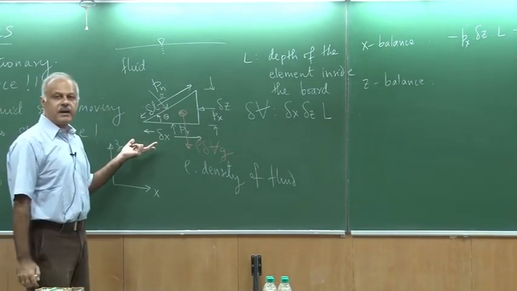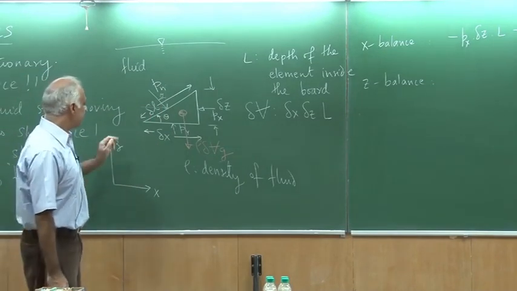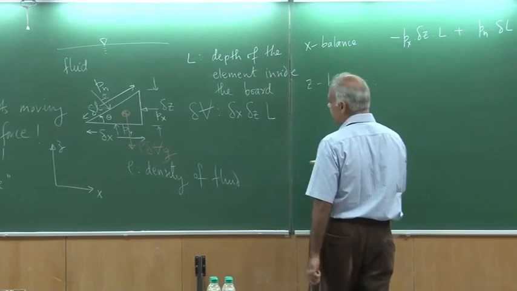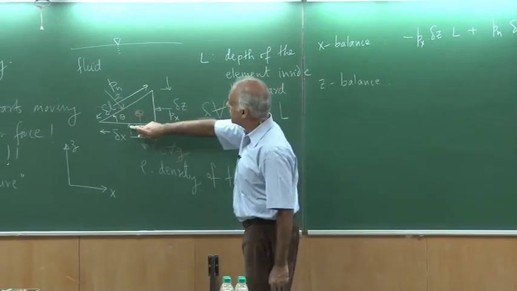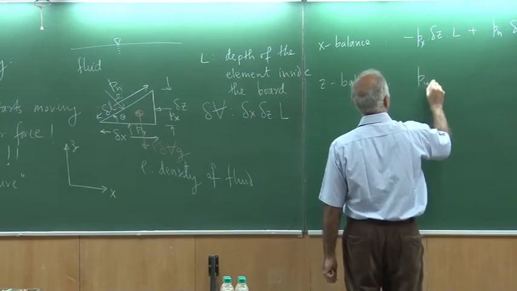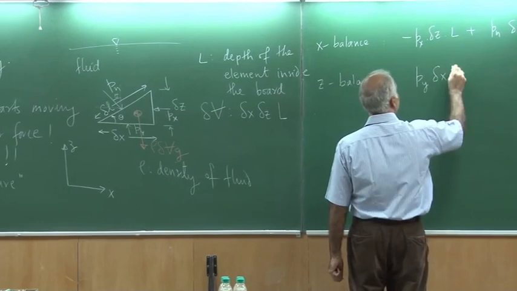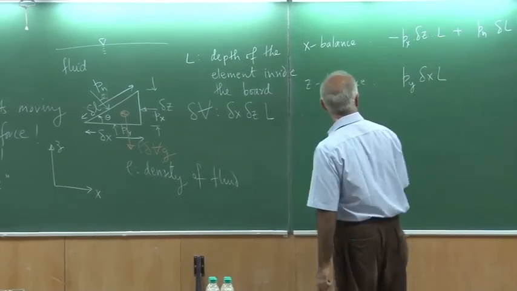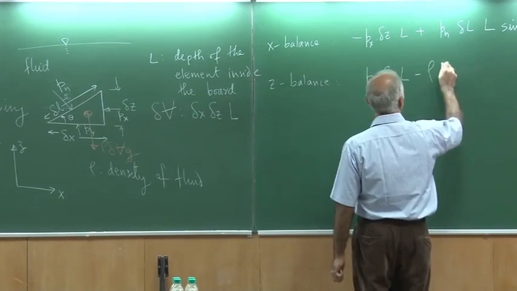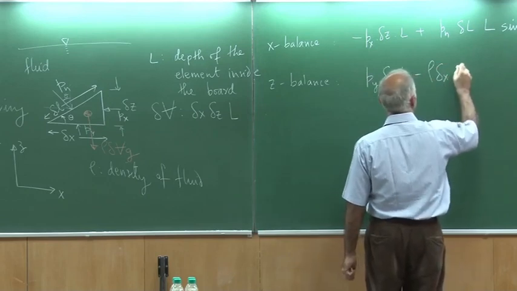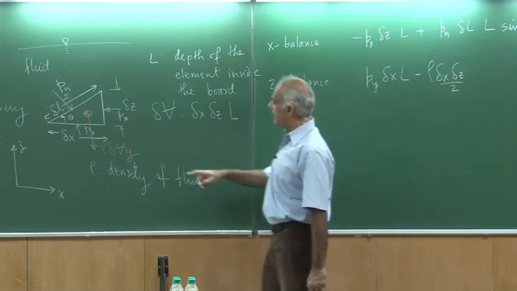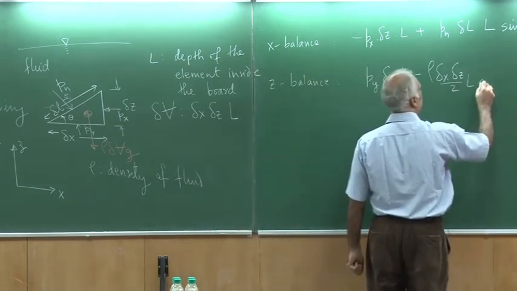All right, I can do a similar balance for the z direction, which is the vertical direction. There is a pressure acting on this face, and that value is in the positive direction. So I am going to have plus Py times delta x times L, and then I have the weight. That's in the negative direction, so that's minus rho delta x delta z by 2, which is actually the volume, times L and g.